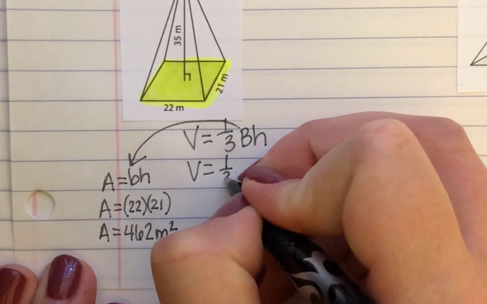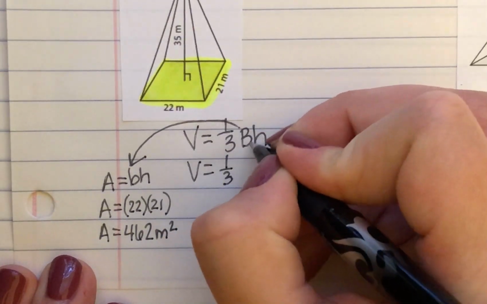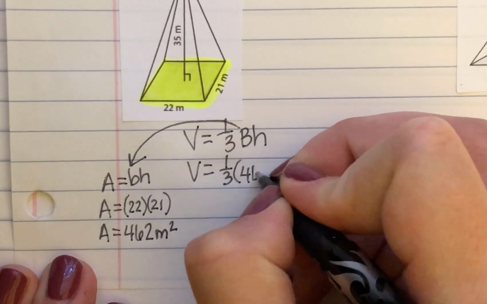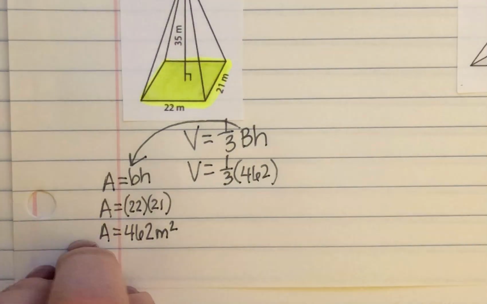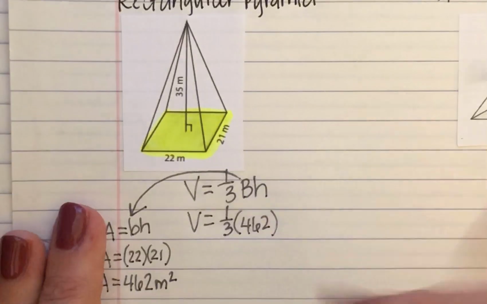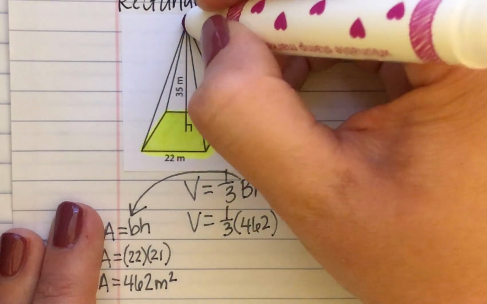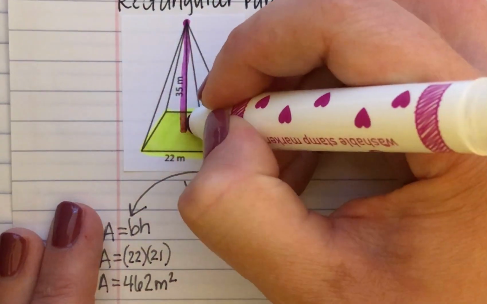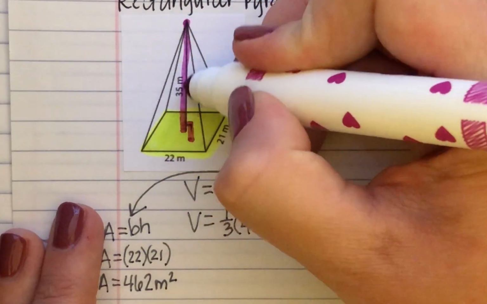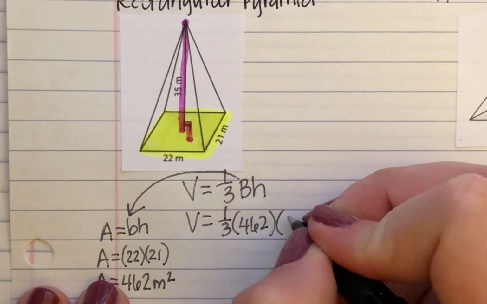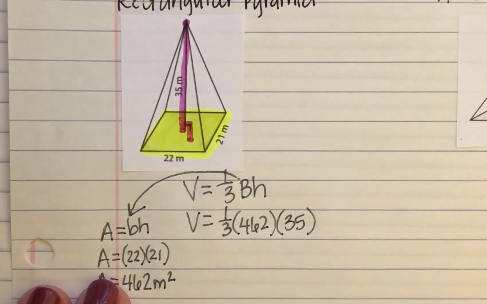So let's bring down our 1/3. For area of the base, we're gonna take this information that we just found. And the height of this pyramid, let's take a look at the common vertex at the top, all the way down to the base and a right angle, and that is 35. So the height of this pyramid is gonna be 35.